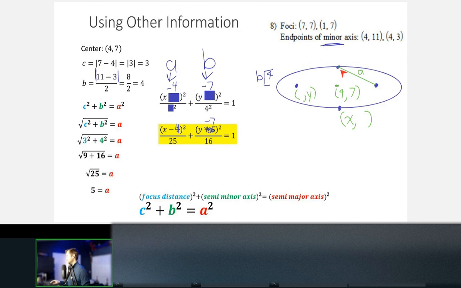Any focus point and any minor vertex gives you your A value. And then that's how you get the answer, which is (x minus 4) quantity squared over 25 plus (y minus 7) quantity squared over 16. So the A value is, in fact, 5.